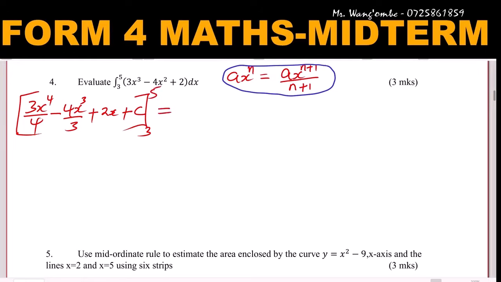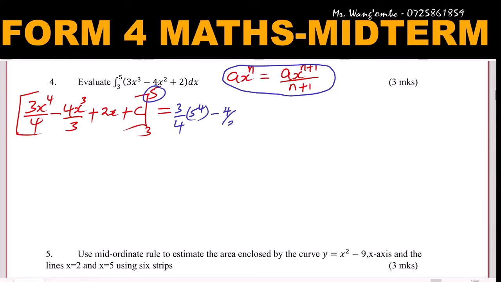Once you've done that, now you need to substitute x. Start by substituting x with 5. So that you have 3 over 4 times x raised to power 4, so that will be 5 raised to power 4.